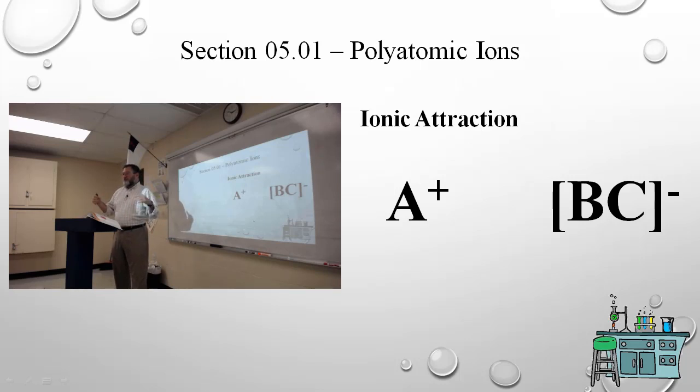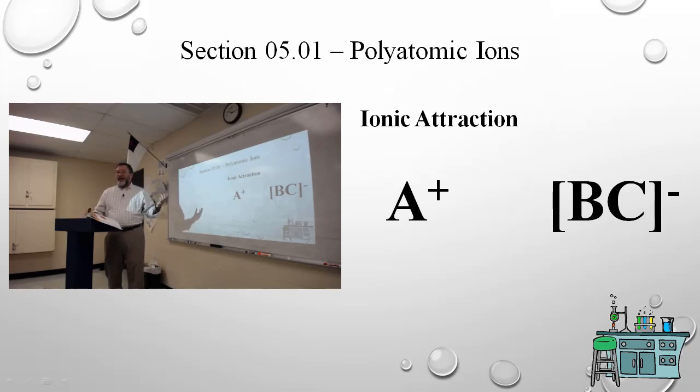Just like we went through homonuclear diatomics, what does that mean? The same nucleus, 2 atoms forming one molecule. In this case, the molecule which forms an ion we call a polyatomic ion. What does the word poly mean? Multiple or many. So a polyatomic ion is an ion made up of multiple atoms.